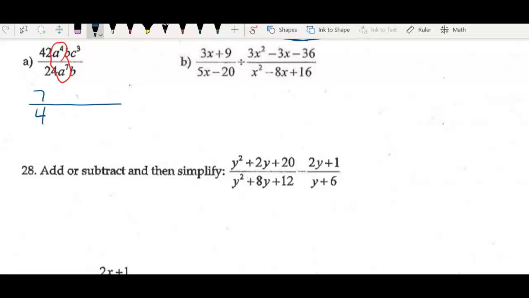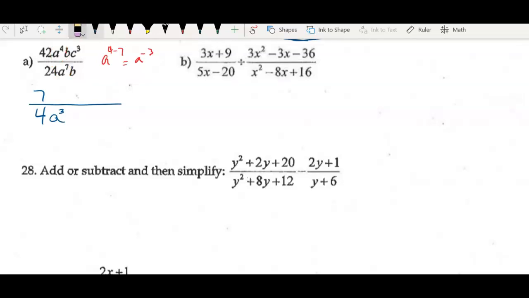So that reduces to 7 over 4. Notice the A's. That's going to give me, quotient rule, 4 minus 7. That's A to the negative 3. Since it's negative, we write it in the denominator as a positive.